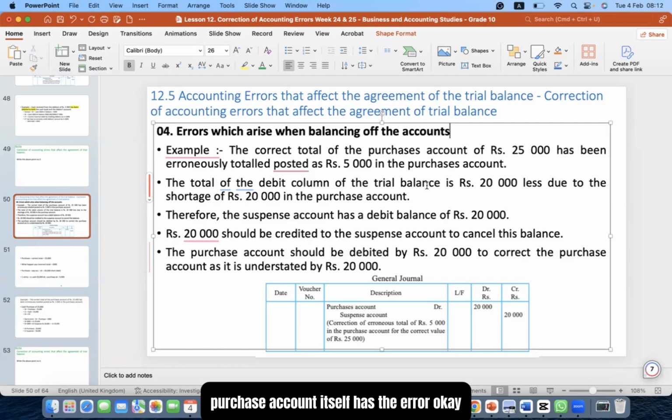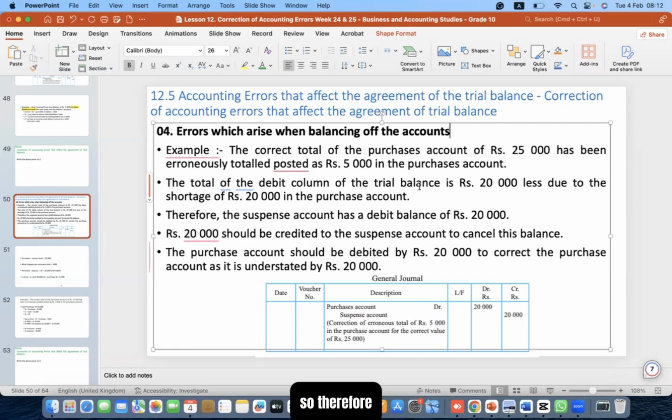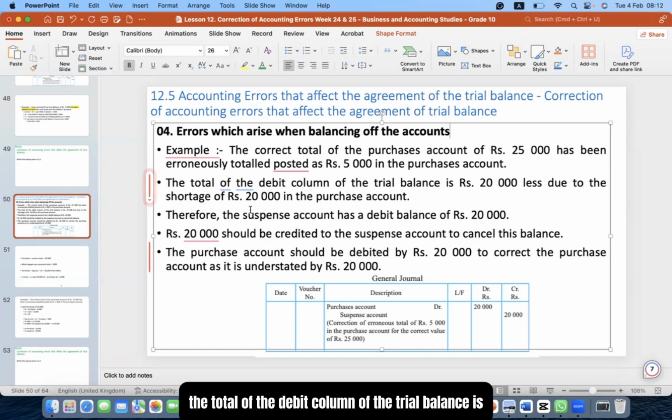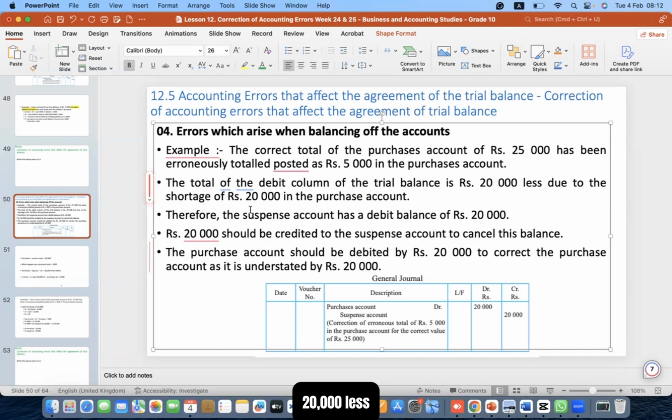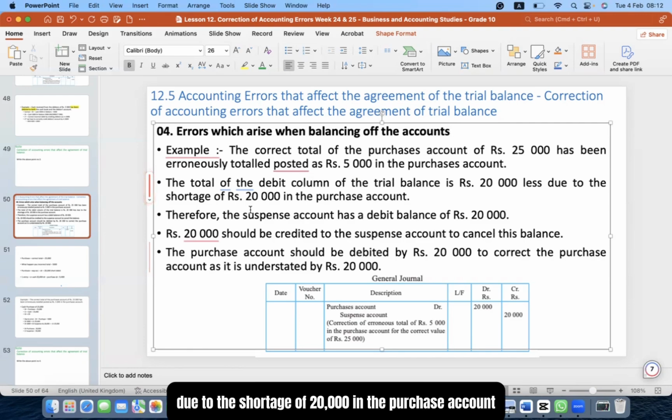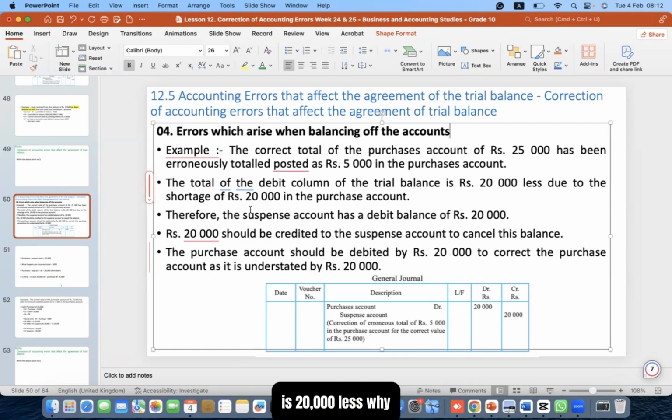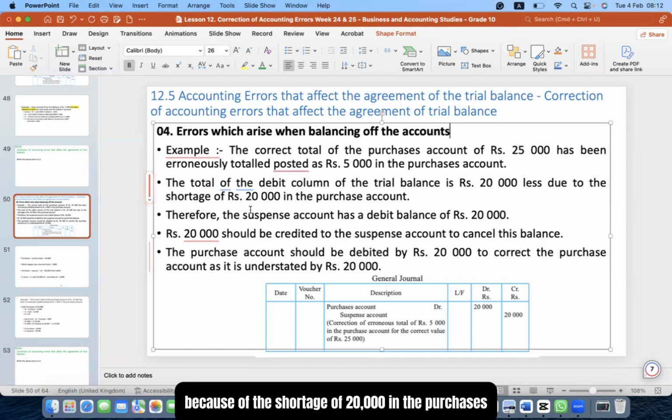Therefore, the total of the debit column of the trial balance is 20,000 less due to the shortage of 20,000 in the purchases account. Why a 20,000 shortage in the purchases account? You have erroneously totaled 25,000 as 5,000.